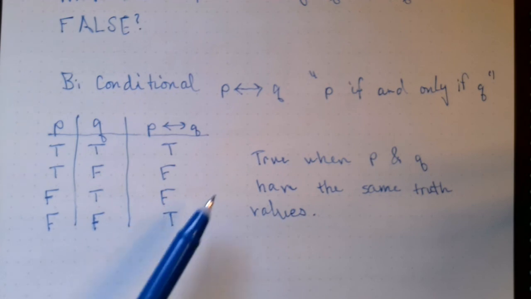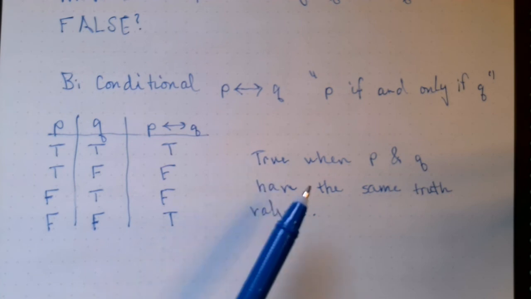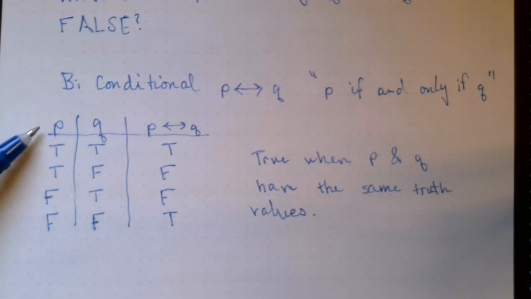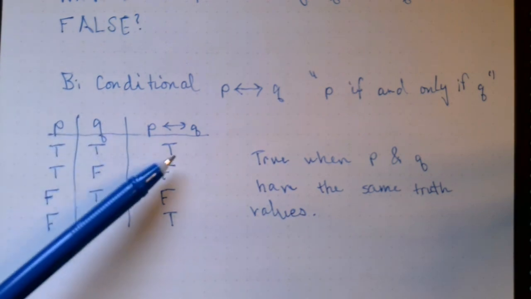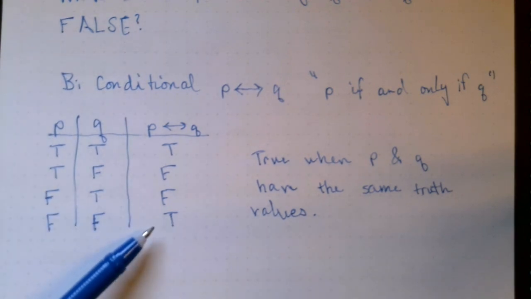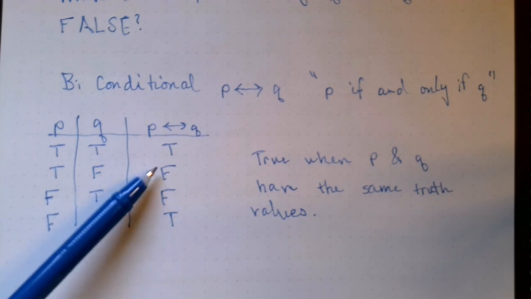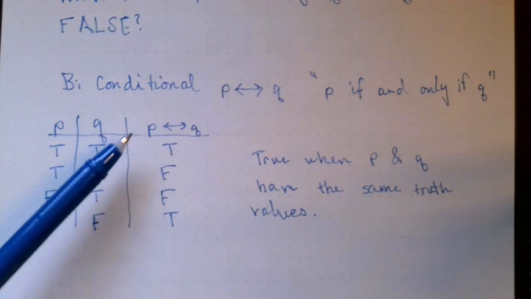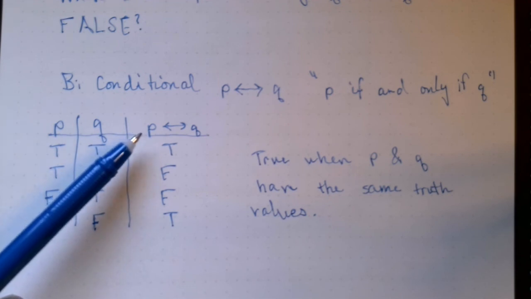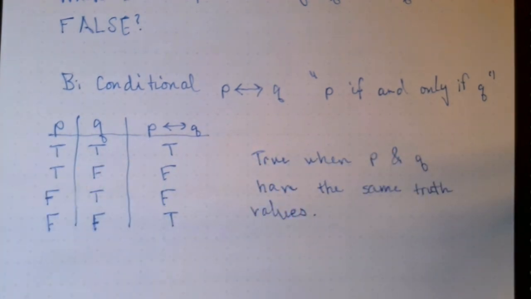The way to summarize this is the biconditional is true when P and Q have the same truth values. If the parts are both true, you get a true. If the parts are both false, you get a true. If there's a mix, then the biconditional is false. In other words, the biconditional is a new statement that determines whether or not these two component statements are the same.